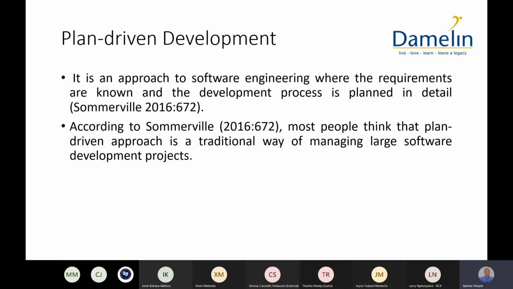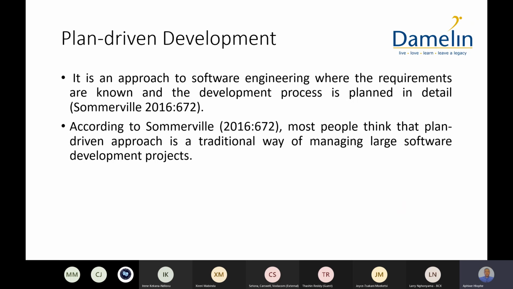So it is an approach to software engineering where the requirements are known and the development process is planned in detail. Okay, so very important what you do at the startup phase when you're using plan-driven development. So your project plan document must be thorough at the startup phase, so everything is well understood. Okay, there's no going back.